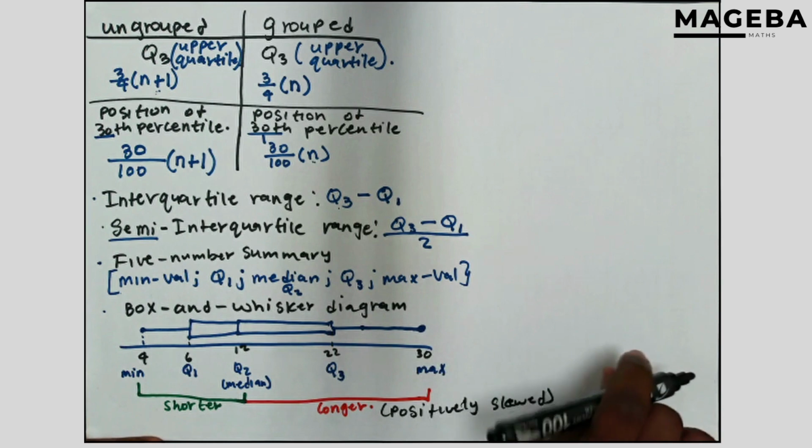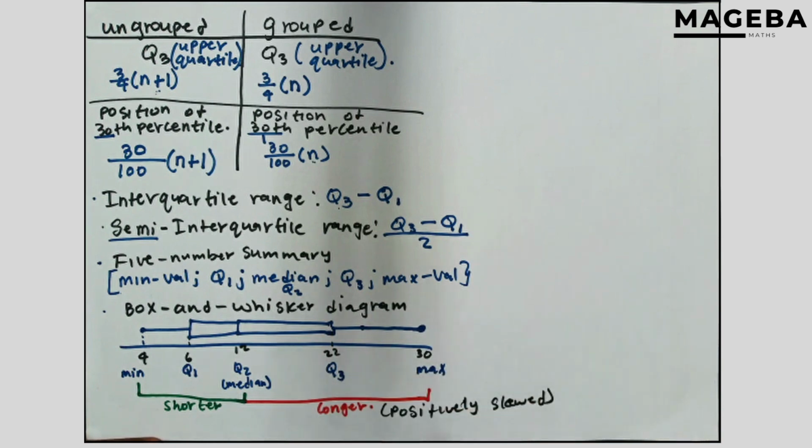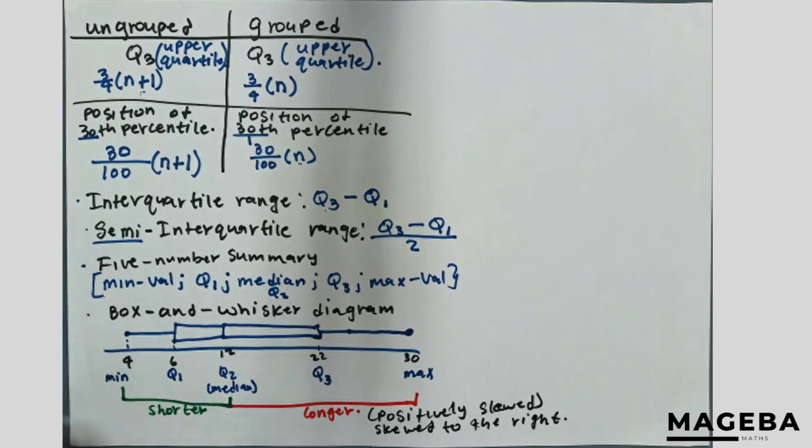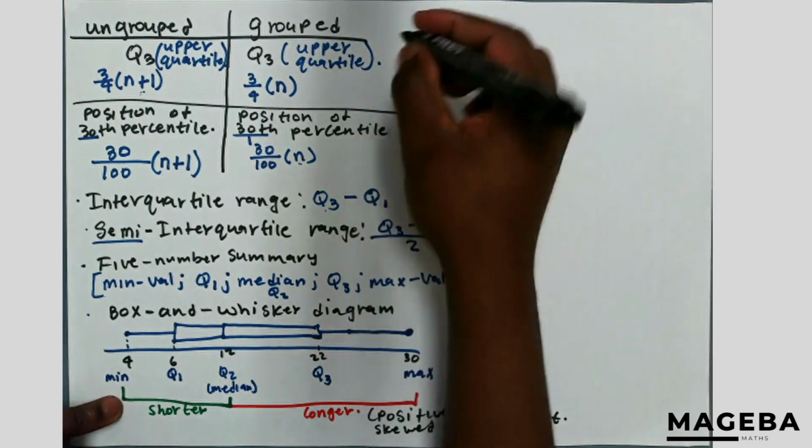Because we know if you go in this direction, you are going in the direction of the positive numbers. So it's skewed to the right. I hope we're still on the same track.